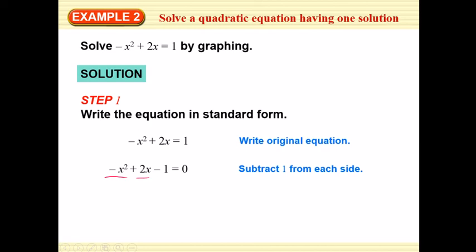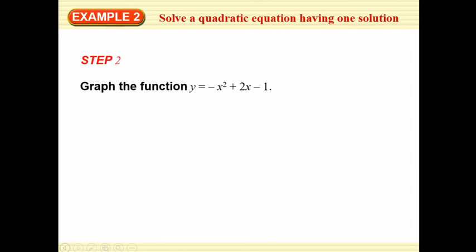So I would divide every single term by -1 and switch all my signs. Which would result in y equals x squared minus 2x plus 1.